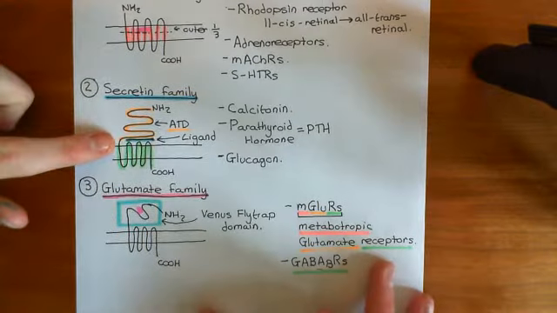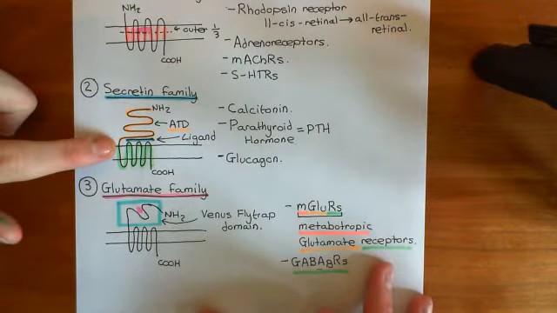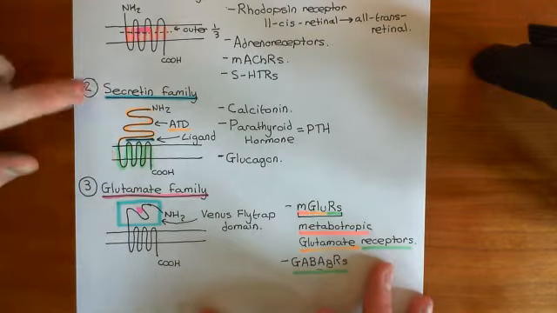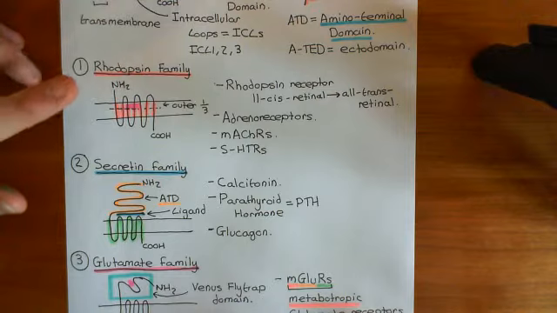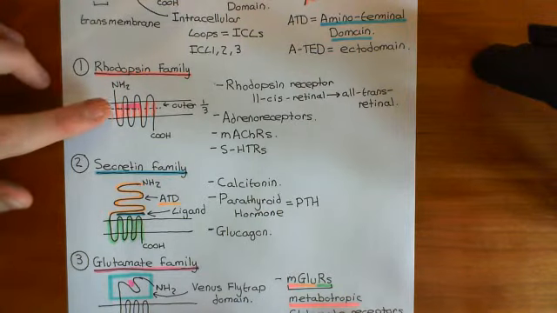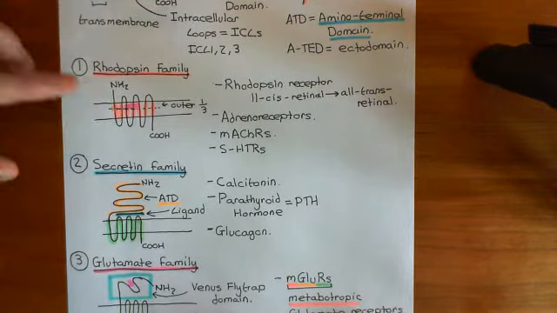We're not going to be a secretin family G-protein coupled receptor because we're not going to bind our ligand in this slot between the amino terminal domain and the transmembrane domain. And finally, we're not going to be a rhodopsin family G-protein coupled receptor because we're binding our ligand in the amino terminal domain, not the transmembrane domain.